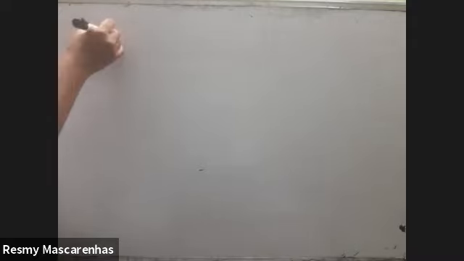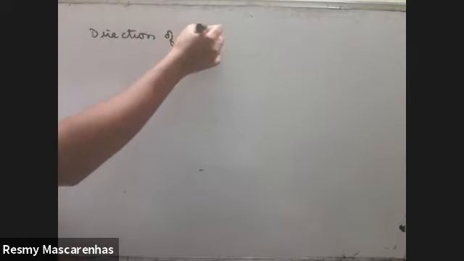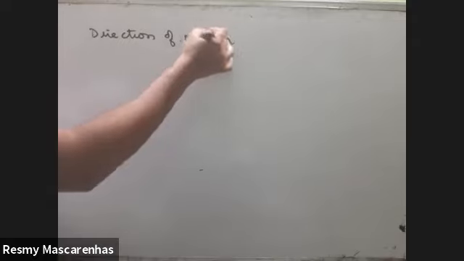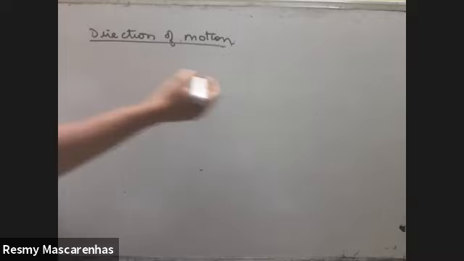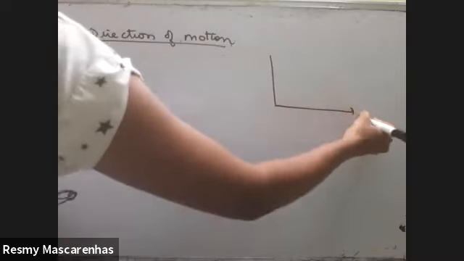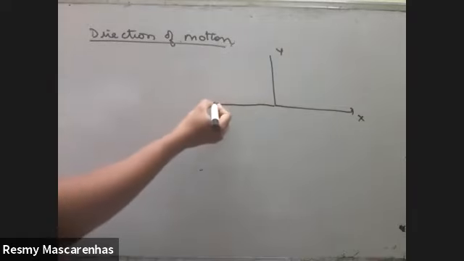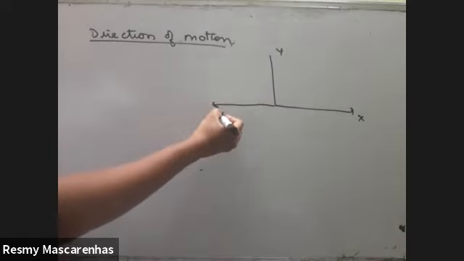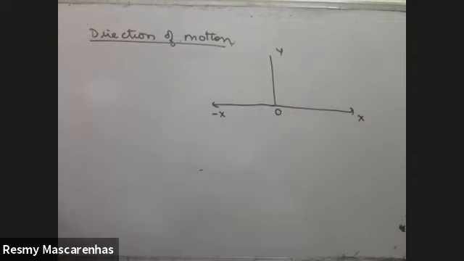Next, just to tell you the direction of the motion. Suppose you have your x-axis and your y-axis. With reference to this, this side is always your negative x-axis, and this would be our origin.